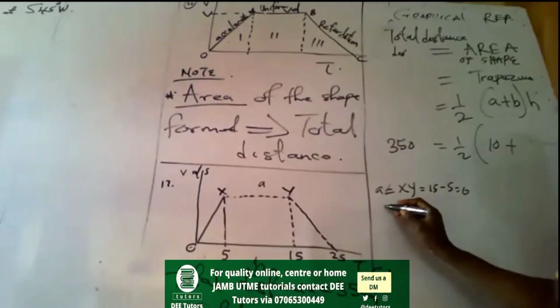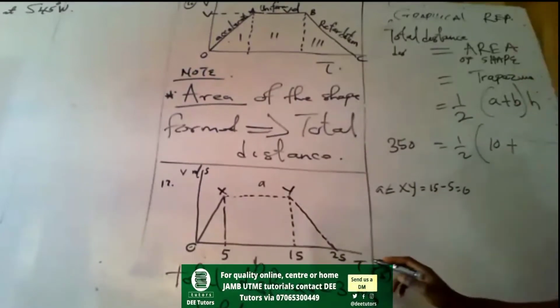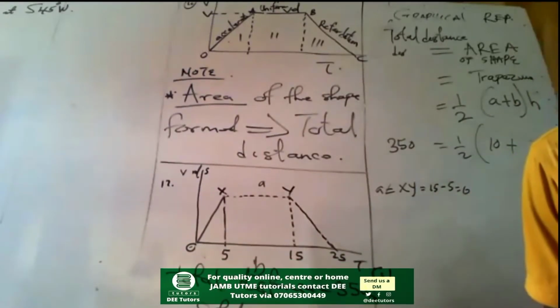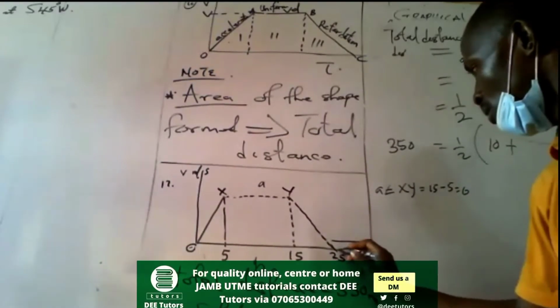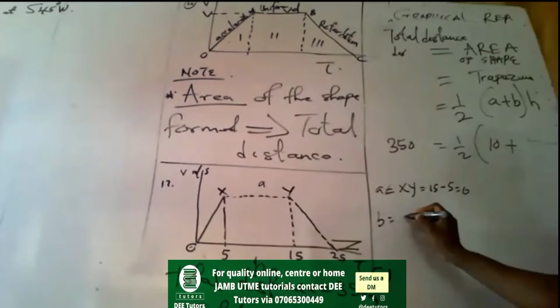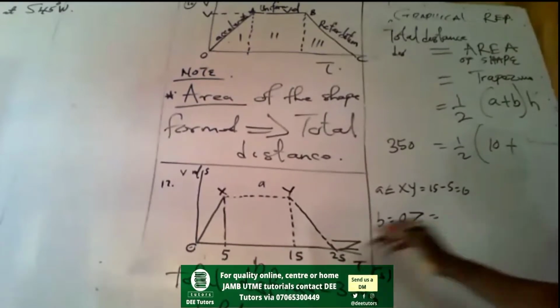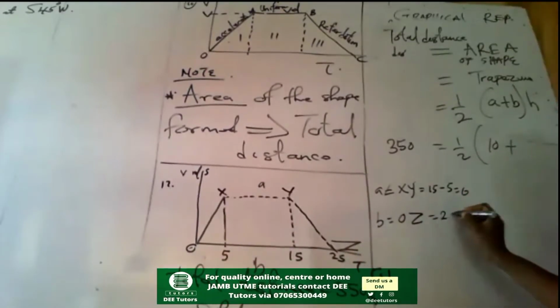What of our B? Our B is OZ. Okay, this point is point Z. Our B will be line OZ, which is 0 to 25. That's 25.